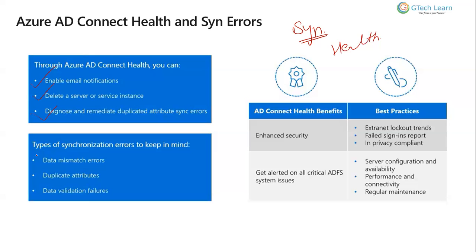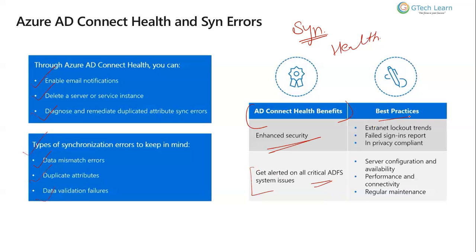And what are the synchronization errors we are having? Like data mismatch error, we are having the duplicate attribute and the data validation failure. If I'm talking about the Azure AD Connect Health benefits, it will provide us enhanced security, and it will also alert us on critical ADFS system issues if we have implemented it in our organization.